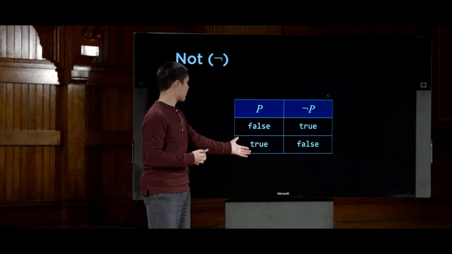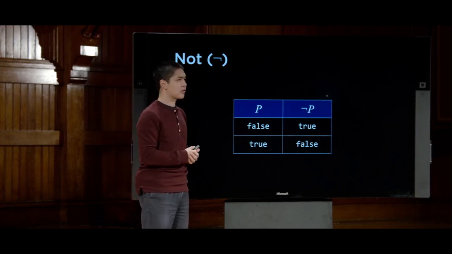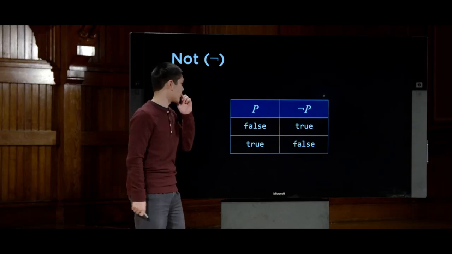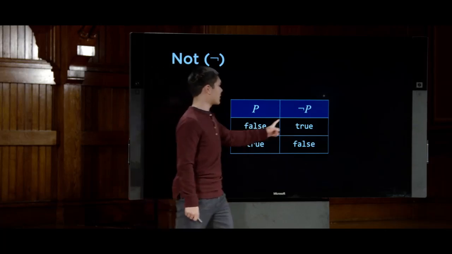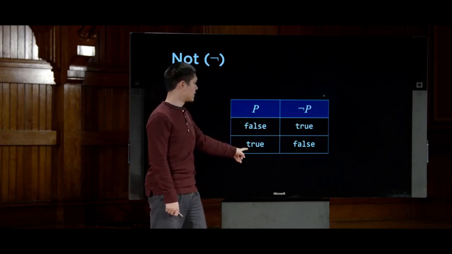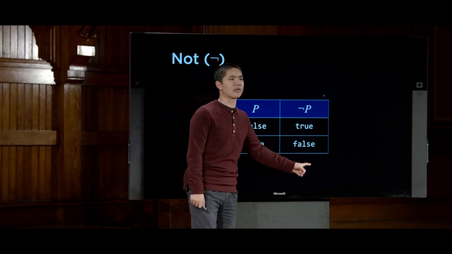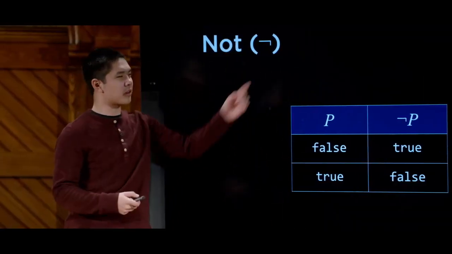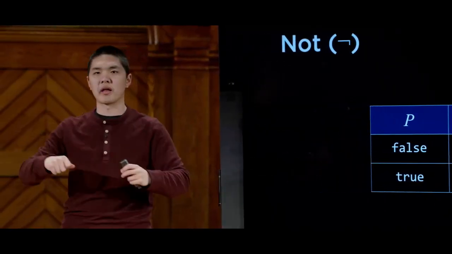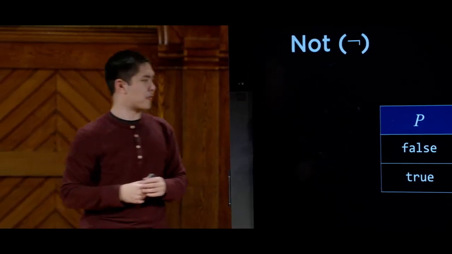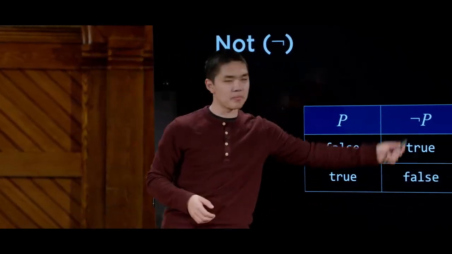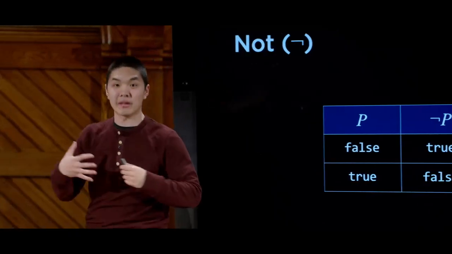And so the truth table for not is shown right here. If P, some propositional symbol or some other sentence even, is false, then not P is true. And if P is true, then not P is false. So you can imagine that placing this not symbol in front of some sentence of propositional logic just says the opposite of that. So if, for example, P represented it is raining, then not P would represent the idea that it is not raining.